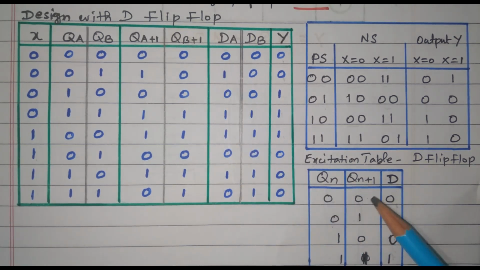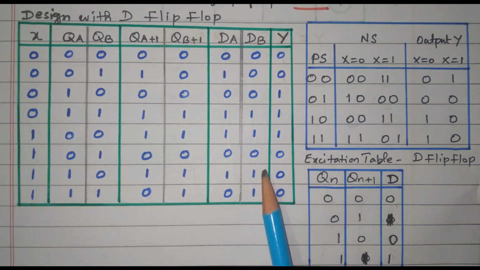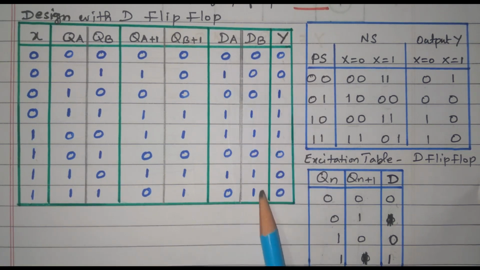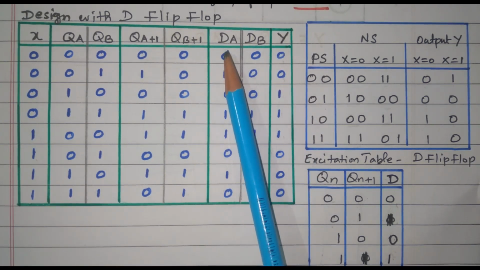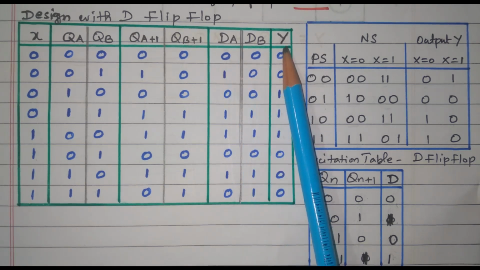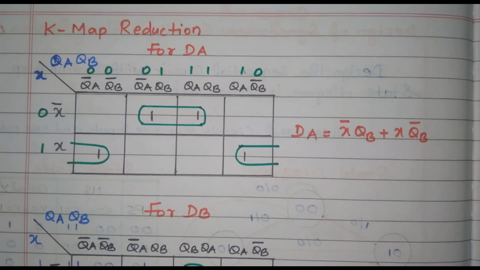D 0 means Qn also 0 irrespective of the current state. Now we have developed the excitation design of the D flip flop. Now we need to identify the expressions for DA, DB as well as the output Y. Using the K map, we need to identify the minimal expression for DA, DB and Y. Now we will go to the K map.